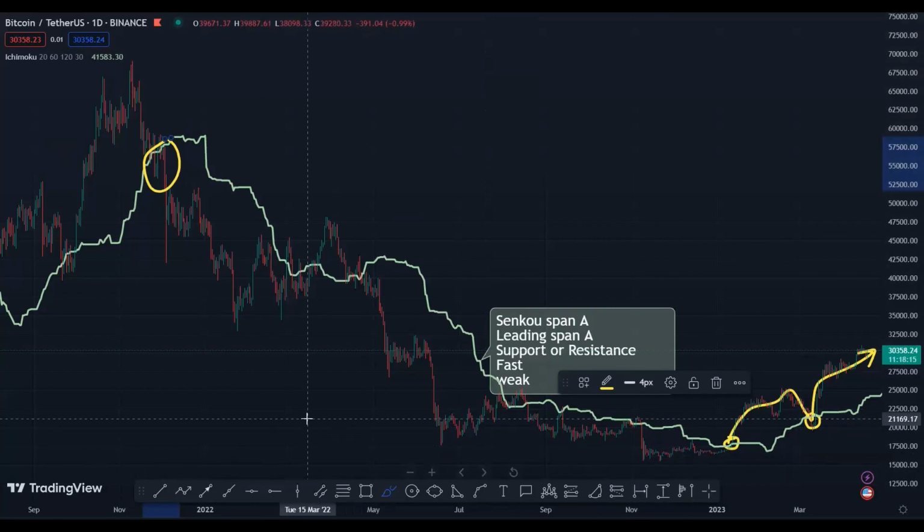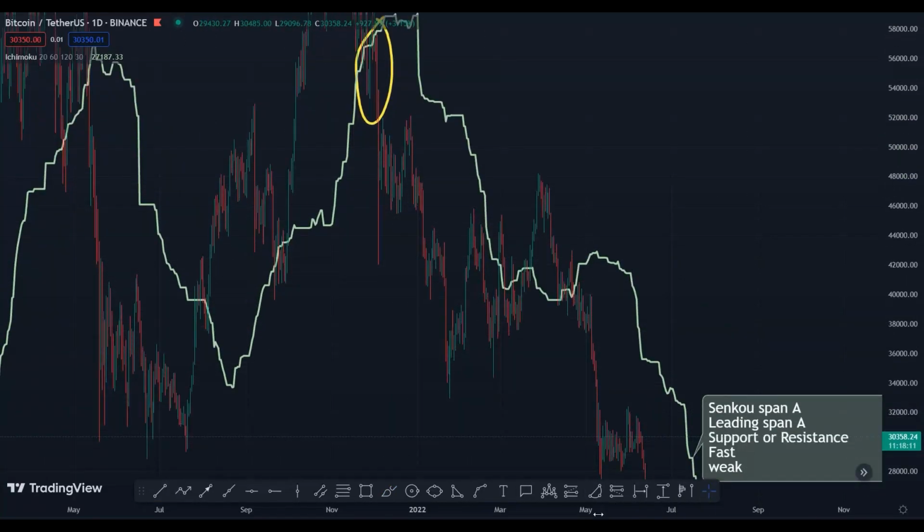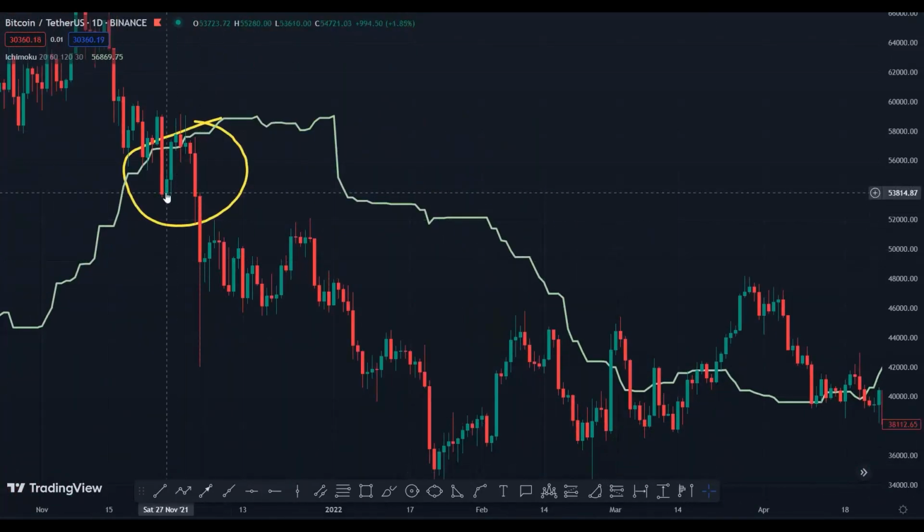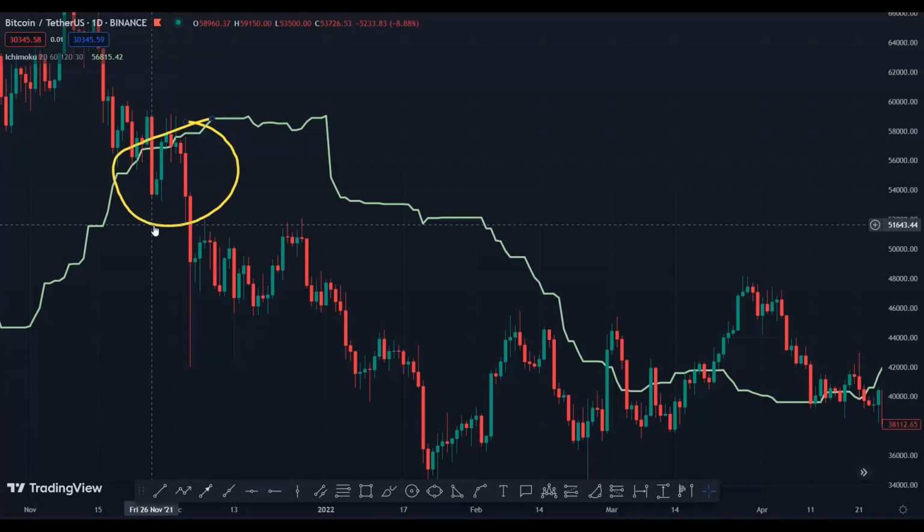Let me turn off the logarithmic scale, okay? Here, let me zoom in for you. Here, the first candle closed below Senkou Span A was around $53,000. So at this point, you want to be bearish. We broke it to the downside and we came back and tested again.